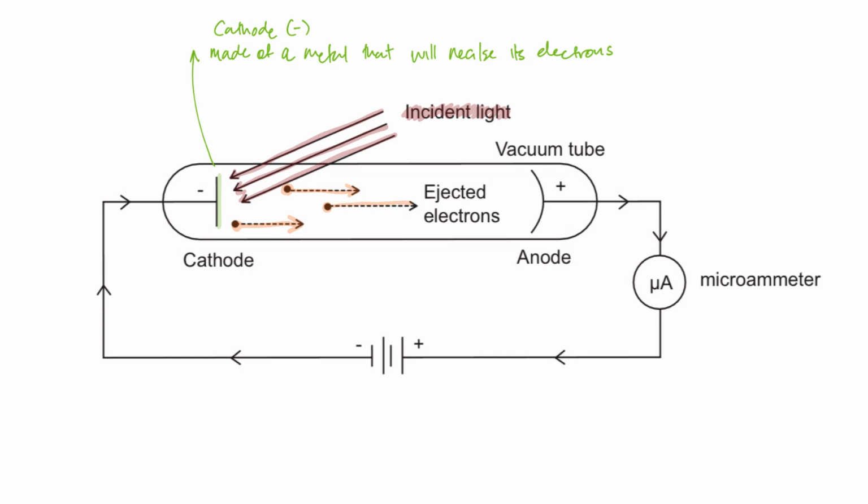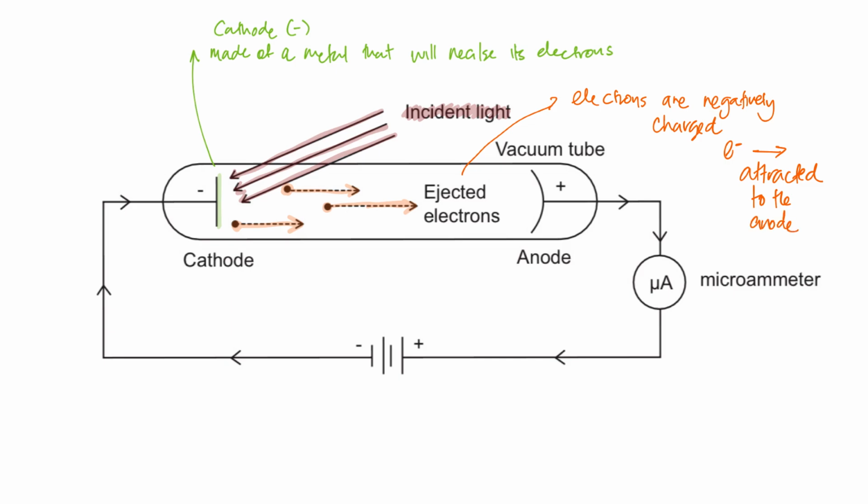Now electrons, we know, have a negative charge. Electrons are negatively charged, and because they're negatively charged little things, they're going to be attracted to the anode. All right, so they're going to come through and they're going to reach the anode over here.